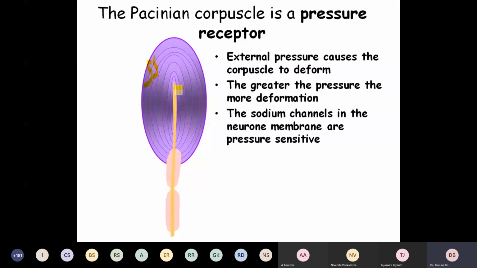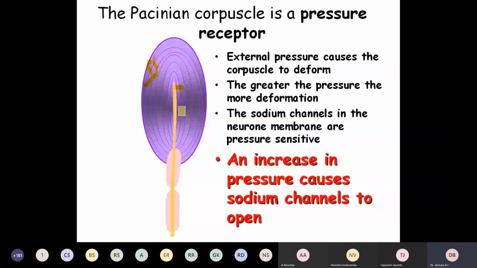This causes the opening of sodium channels in the neuron membrane, which are pressure sensitive. Because of the stretch, because these are mechanoreceptors, the sodium channels get opened up. An increase in pressure causes more sodium channels to open.